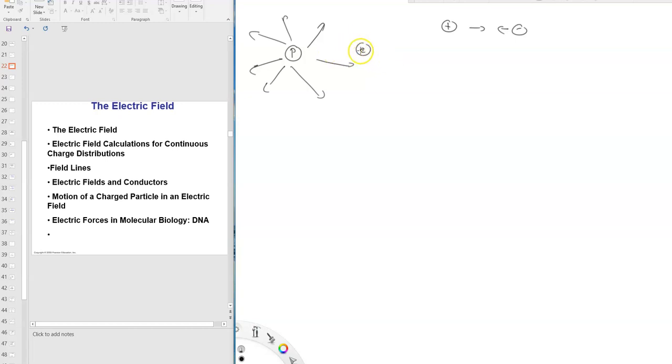Now this electron is in the field of this positive charge, right? This positive charge is extending in all directions. This electron is surrounded by the electric field of the first guy. So now the electric field is in touch with this electron. That creates a force on it and it makes an attractive force.